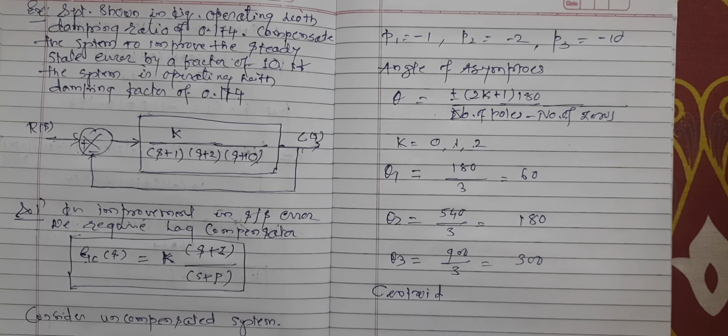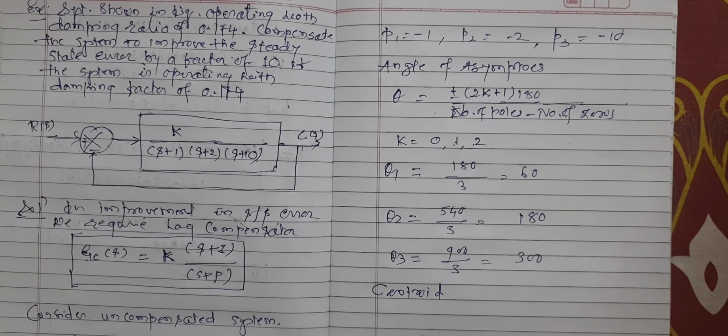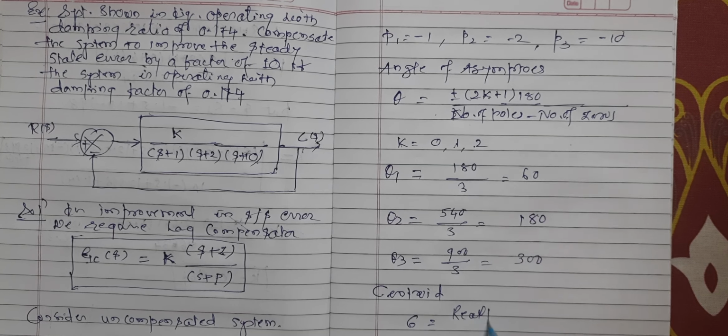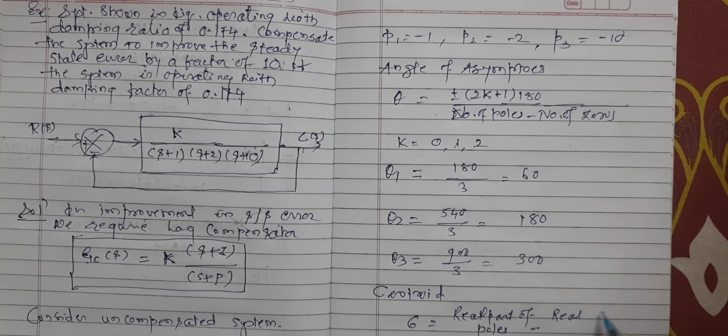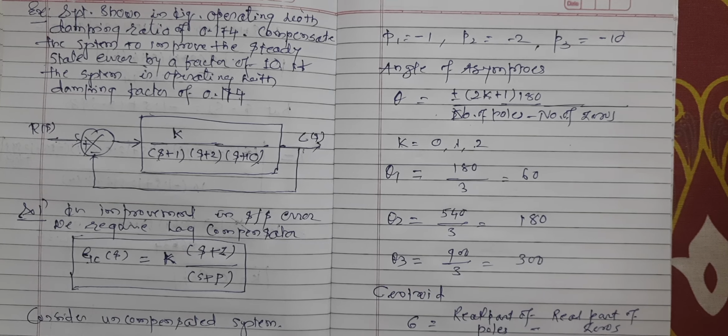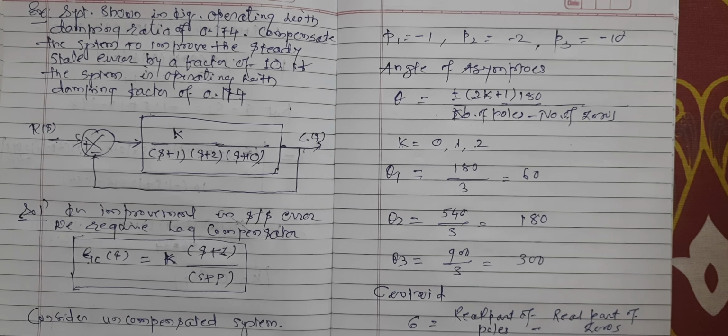Now we have to find the centroid. Sigma equals (real part of poles minus real part of zeros) divided by (number of poles minus number of zeros).